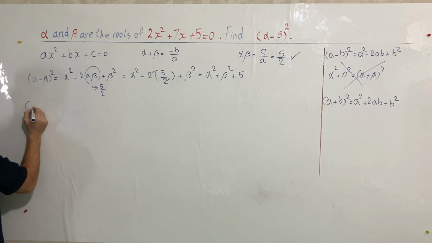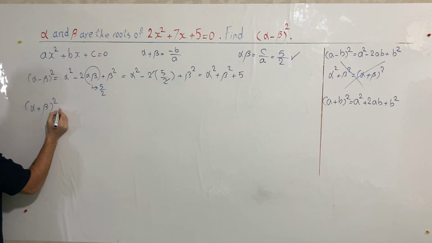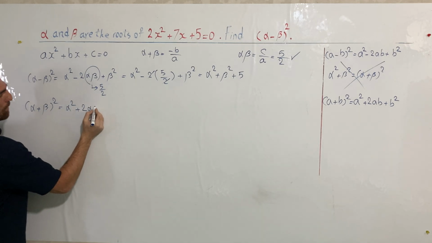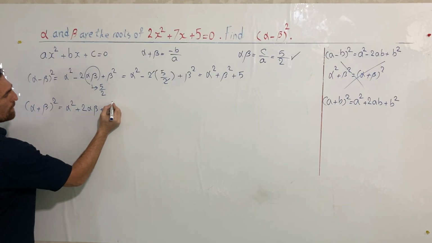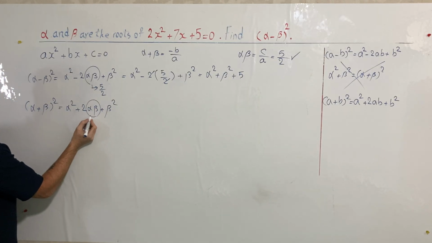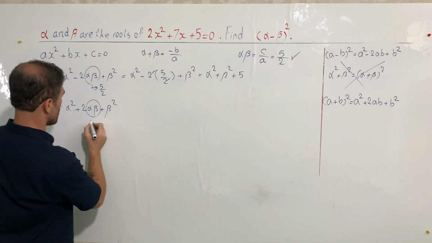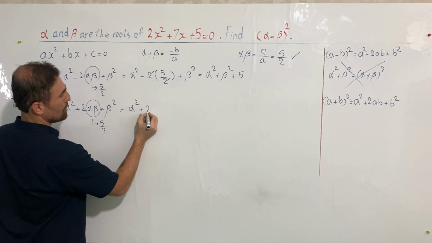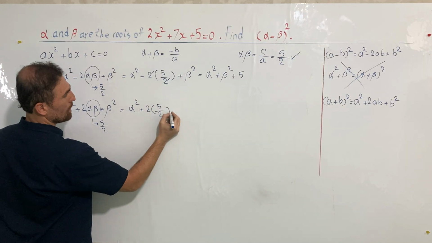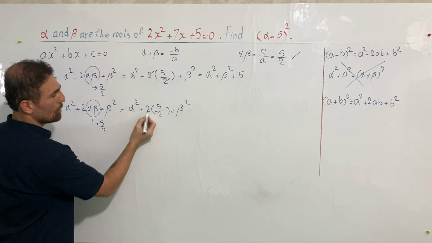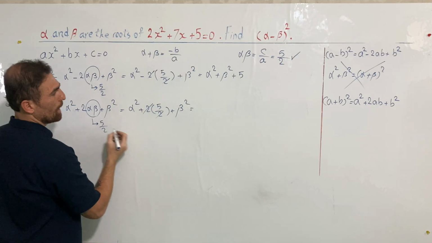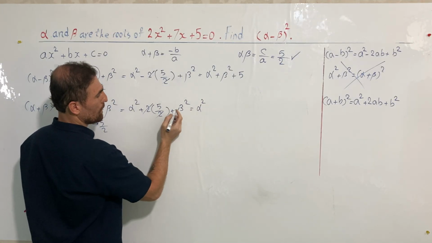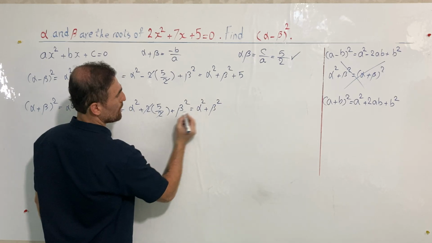So we have alpha plus beta squared is going to be first term squared plus twice first term and second term plus second term squared. As you know, we have the value of alpha times beta, 5 over 2. Let me write it. So it's going to be alpha squared plus 2 times 5 over 2 plus beta squared. These two can be cancelled off. So we have alpha squared plus 5. Let me write it at the end, plus beta squared plus 5.